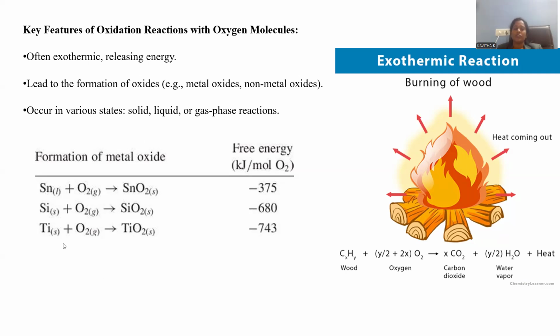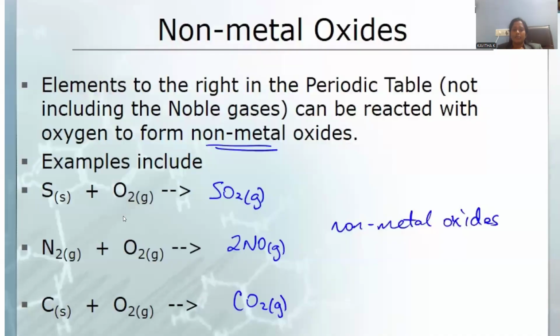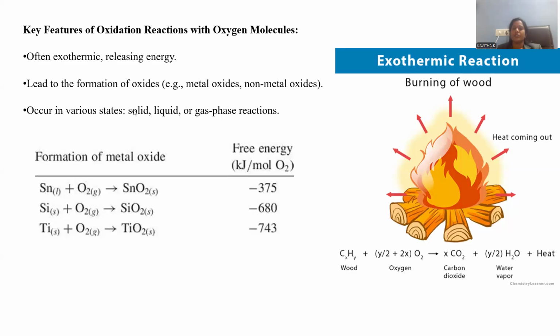If you observe, tin may be taken in the liquid form upon reacting with gaseous oxygen, giving rise to a solid oxide form. Even silicon taken as a solid, with gaseous oxygen, gives rise to a solid oxide. All the oxides generated for these metals are solids in nature. But whenever we take non-metals, there is a provision to originate gaseous oxides. There is a possibility of solid, liquid, or gaseous phase reactions for these kinds of oxidation processes.